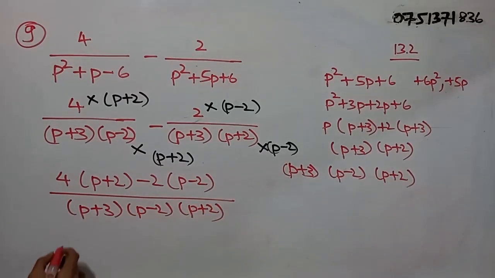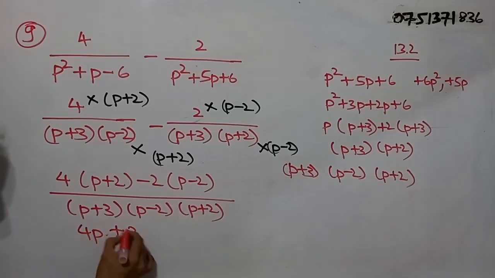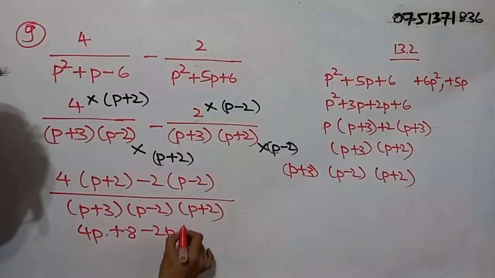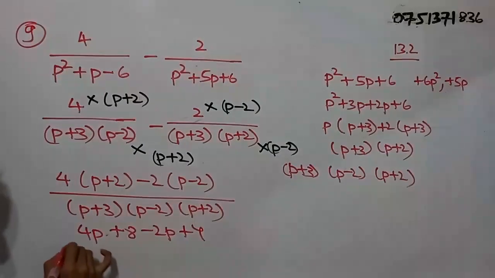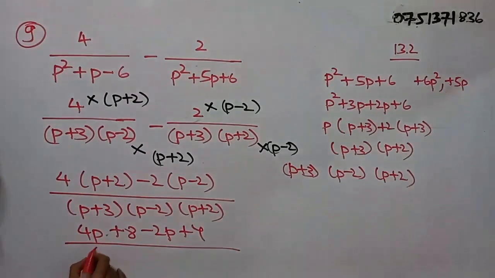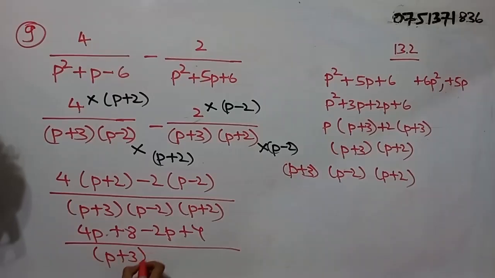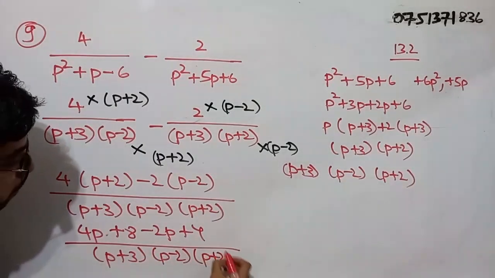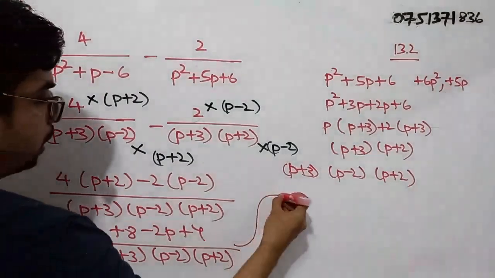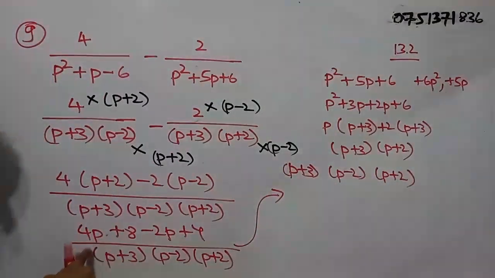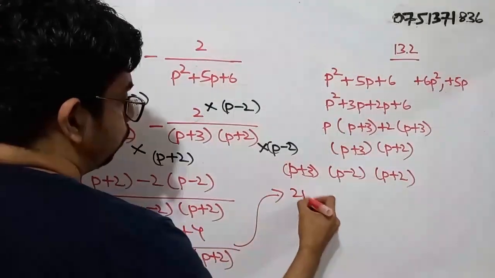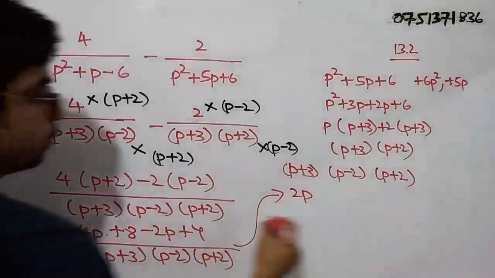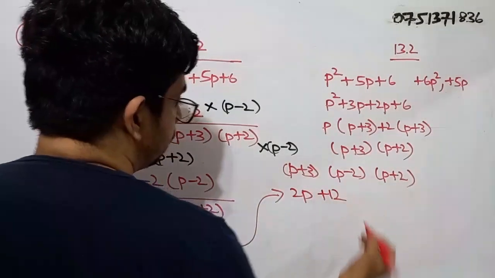Okay, so now we can simplify this. 4p plus 8 minus 2p plus 4. Entire expression needs to be divided by what? p plus 3, p minus 2, p plus 2. Okay, so we will continue from here. 4p minus 2p, what is that? 2p. 8 plus 4, what is that? 12.